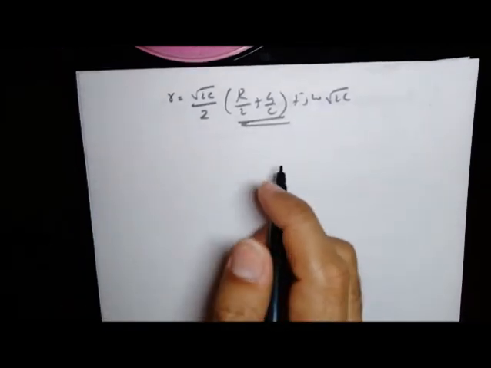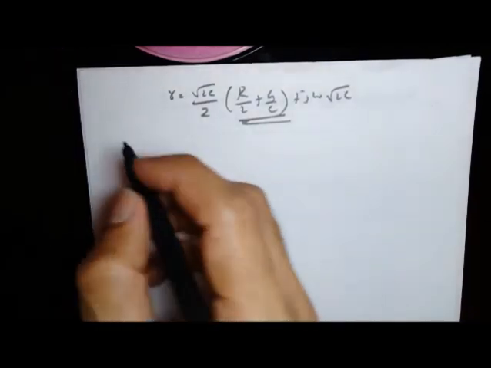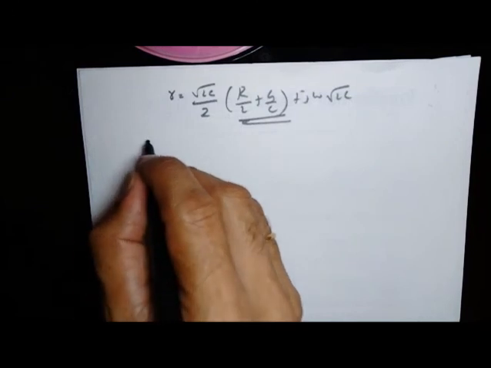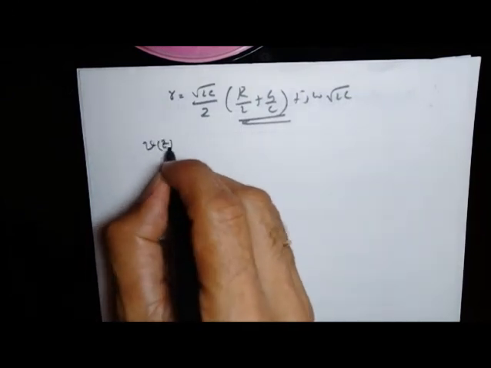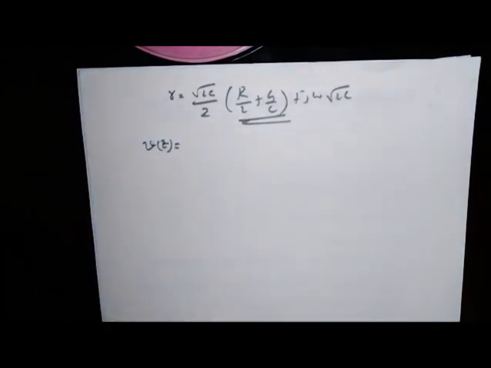Now we proceed further and arrive at certain other parameters of a transmission line. Now in general, the solution for Vz was seen to be V naught e power plus or minus gamma z.